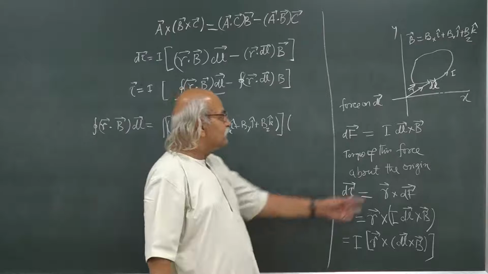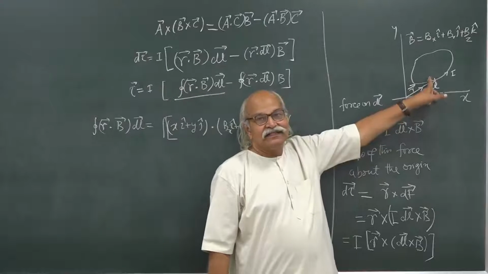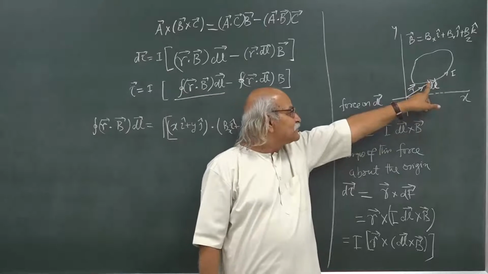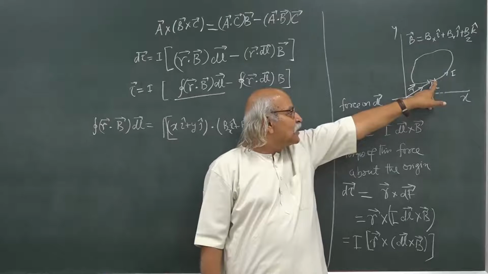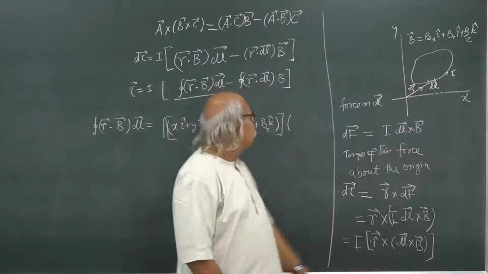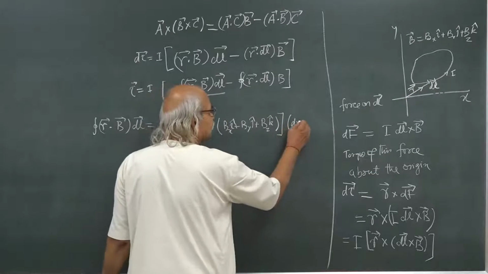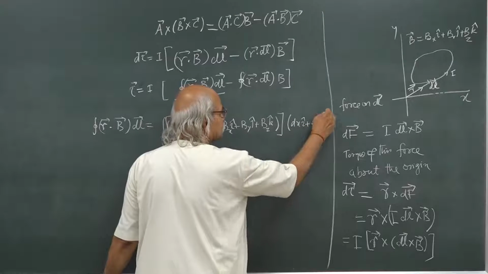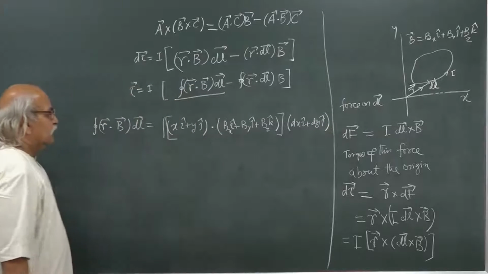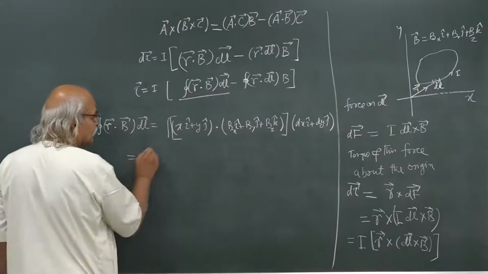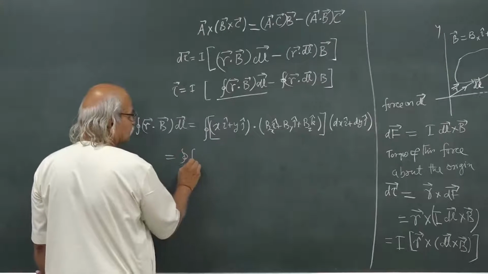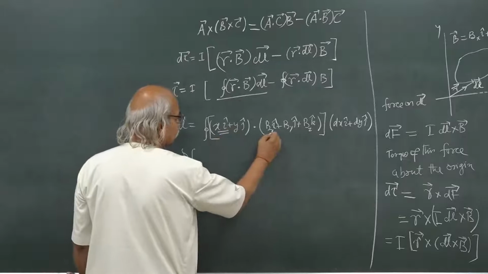What is dl vector? This is x comma y, then this is x plus dx comma y plus dy. So this vector will be dx I cap plus dy j cap. Can we do something? Integration of dot product.